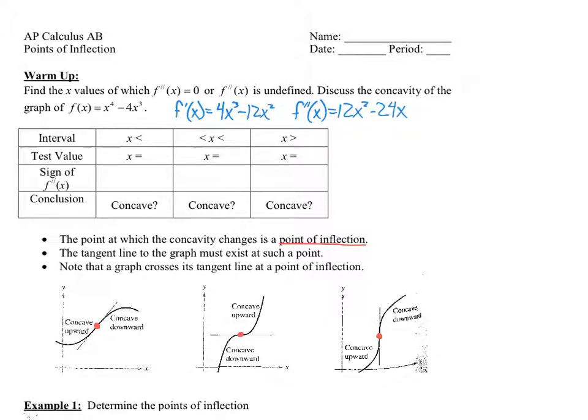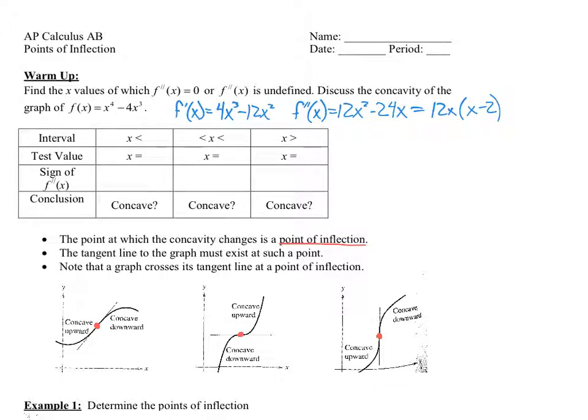If I factor that, it's 12x times (x minus 2). So, where is the second derivative equal to 0?